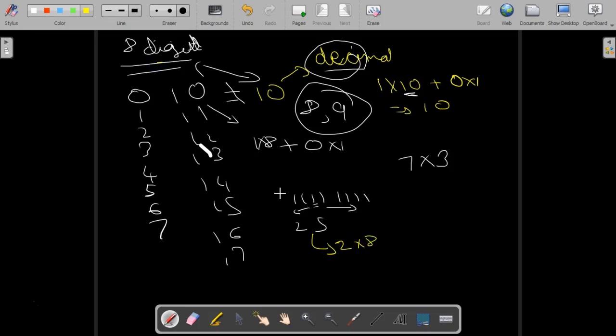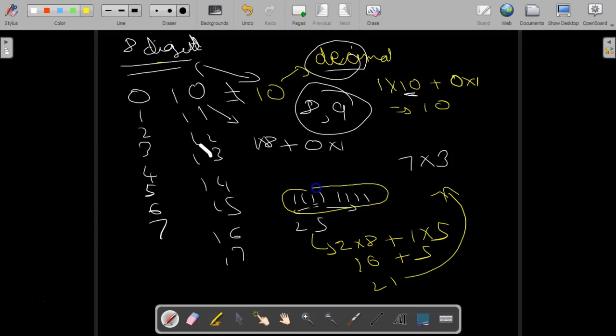The reason you're doing that is because again you have only 8 digits to play with, and you're multiplying 1 times 5, and what you get is 16 plus 5, and you get 21, and 21 is in fact the right answer for 7 times 3. Again, you are counting with 8 fingers, one more than 7, and this system works for anything.